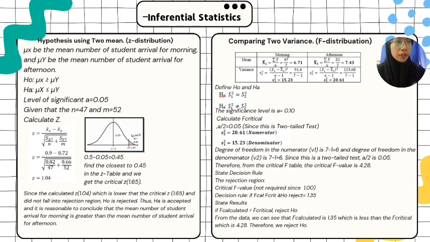We get 4.28. Our decision rule is that F calculate is more than or equal to F critical. So from the result, we get F calculate is more than F critical, so we reject H0.